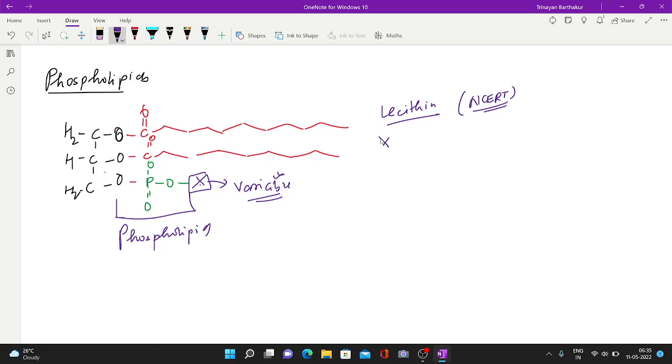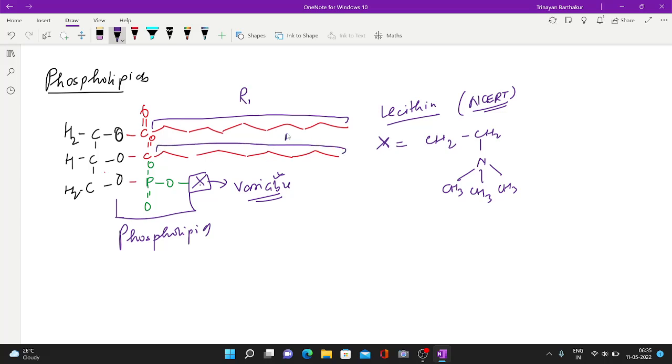In the structure of lecithin, X is equal to CH2, CH2, N, CH3, CH3, CH3. If you go through your NCERT, this alkyl chain is represented as R. Suppose this is R1, and this is represented as R2.